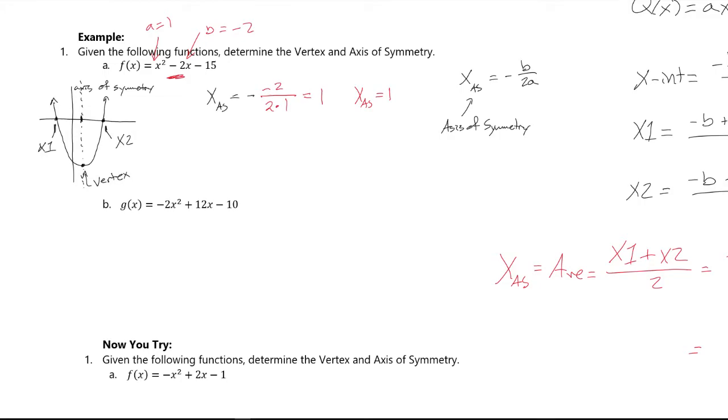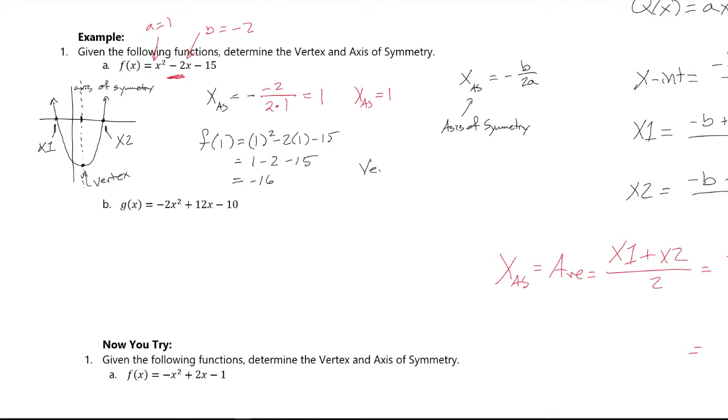To find the vertex, all we need to do is take that x value and plug it into the function. That'll give us 1 squared minus 2 times 1 minus 15. And simplify this down, so I get 1 minus 2 minus 15. And 1 minus 2 is -1, minus 15 is -16.